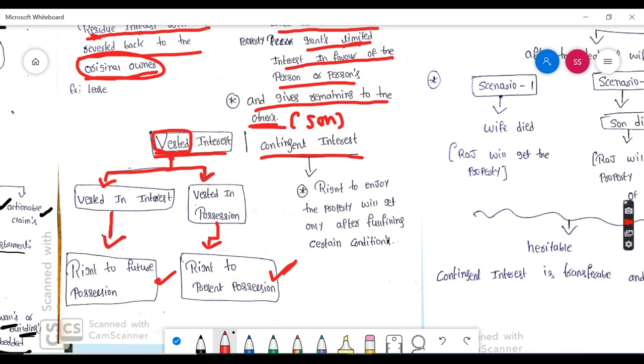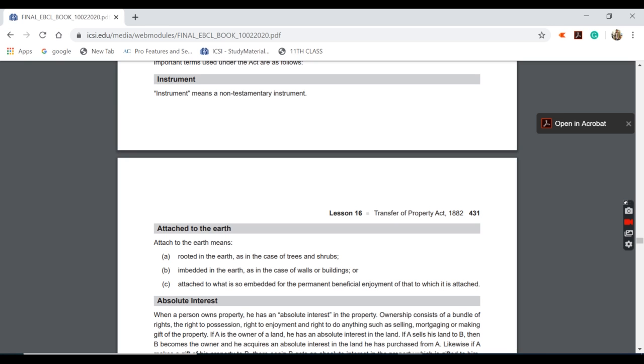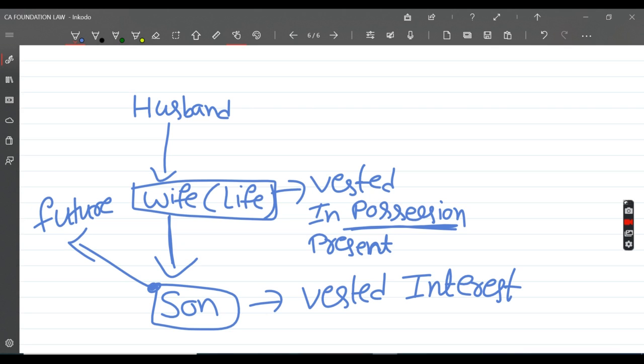So here son will get the possession only if the wife dies. So he will get the possession in future. Obviously wife has to die at a certain point of time, because death is certain. Everybody has to die at some point of time. So when the wife dies, the son will get the property. He will get the property not now. He will get the property in future. So if you get the property in future, we will call that vested in interest.